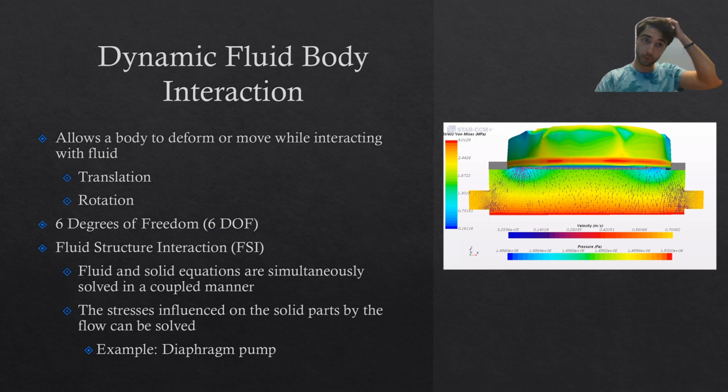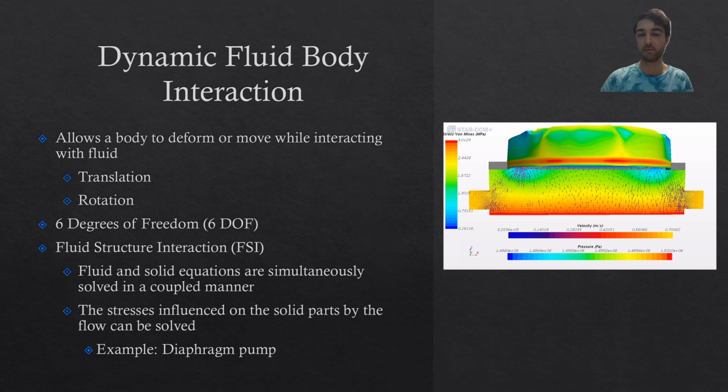So let's go to DFBI, which is dynamic fluid body interaction. It allows the body to deform or move while interacting with the fluid. It can be translation, rotation, and in total there will be 6 degrees of freedom. And you can actually simulate fluid structure interaction, FSI, with this motion method.